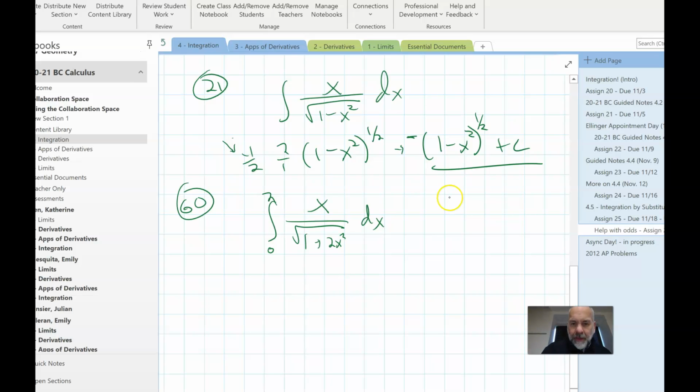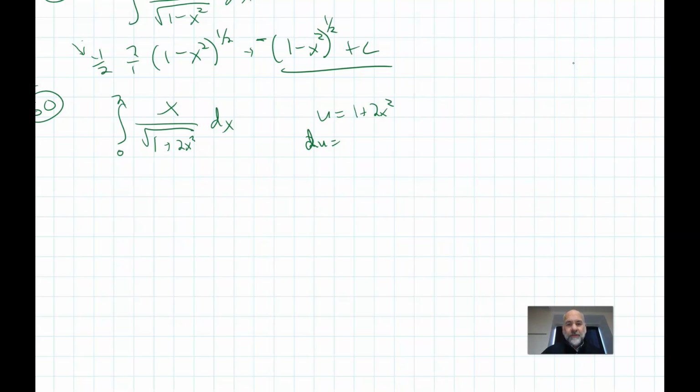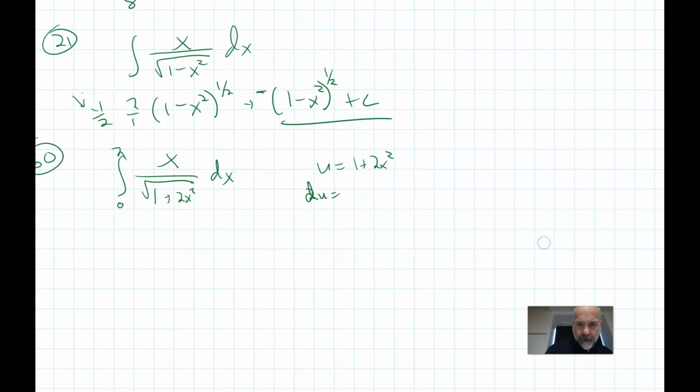I'll do substitution. I'm going to make u equal to 1 plus 2x squared. So that whole denominator will become square root of u. That's nice. And so du is 4x dx. I'm only doing u substitution for variety because I'm trying to be helpful. And I only have x dx in the problem, so I might as well divide the 4 over.